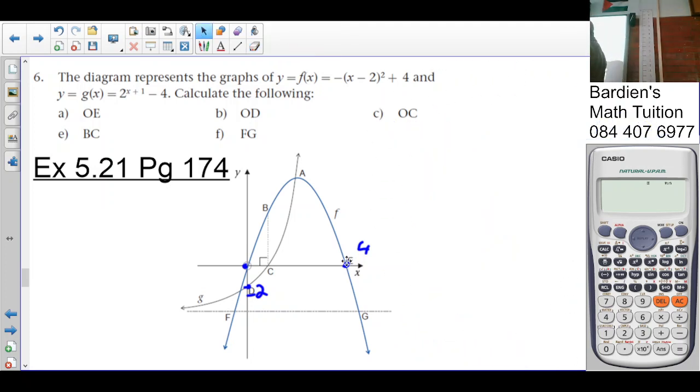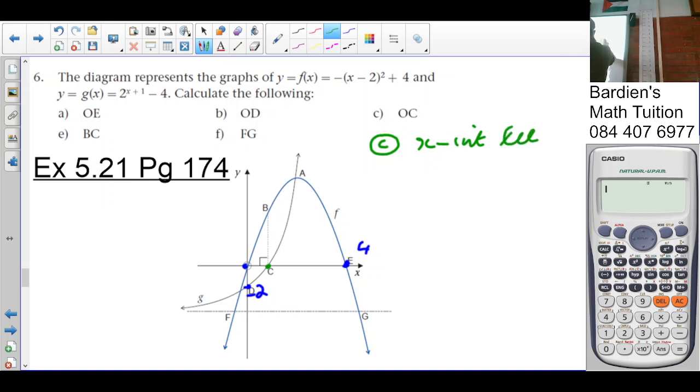No? And then C is the OC. So what is C to us? X-intercept. X-intercept of what? Of g of x. X-intercept, let y equal to 0. Since it's the g of x graph, 0 is equal to 2 to the x plus 1 minus 4.